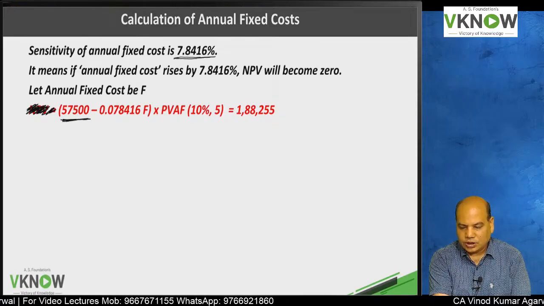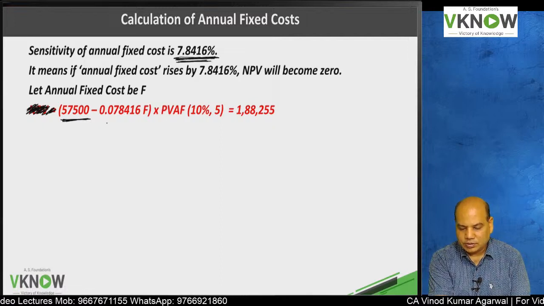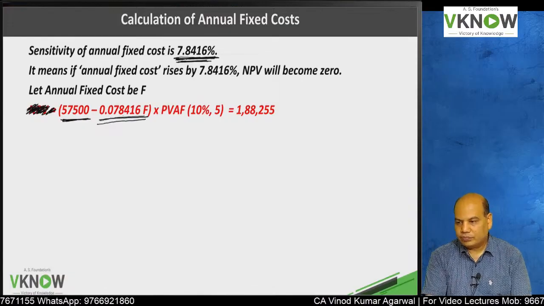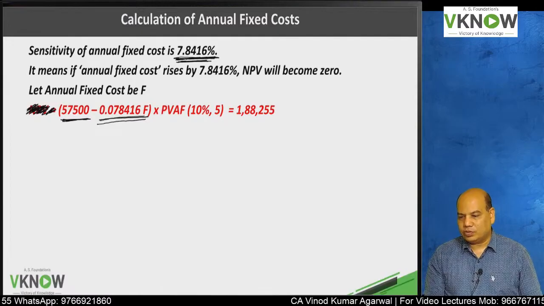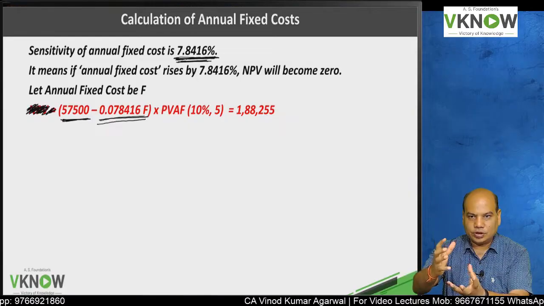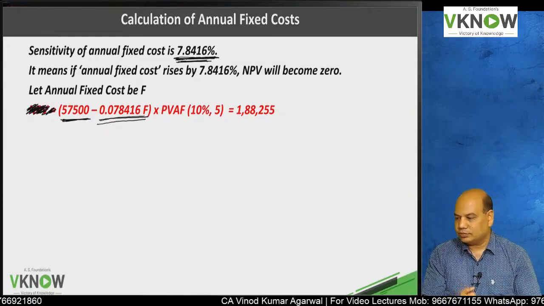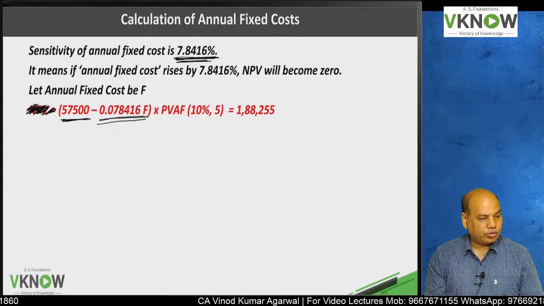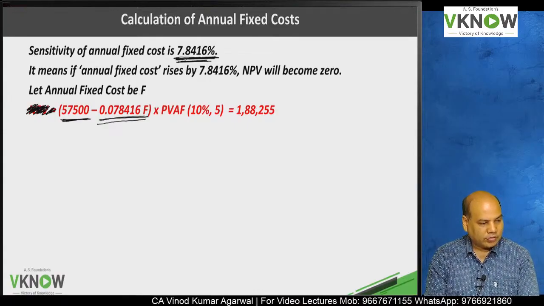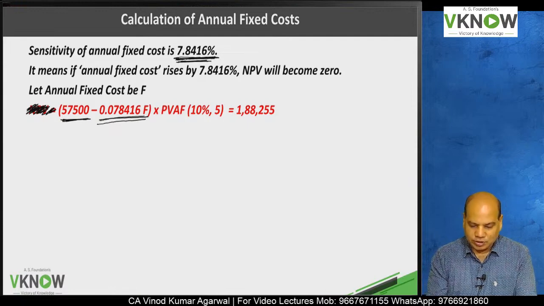If fixed cost increases by 7.8416%, my annual cash inflow will reduce by 0.078416 F. Increase in fixed cost will reduce the cash inflow. Karnam Hari is also right.